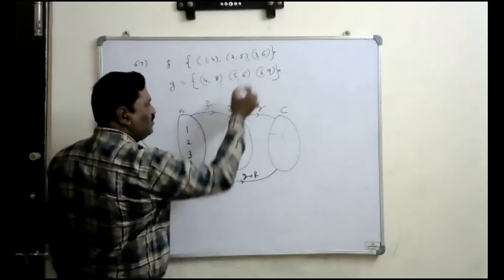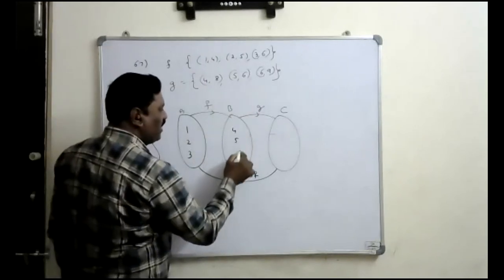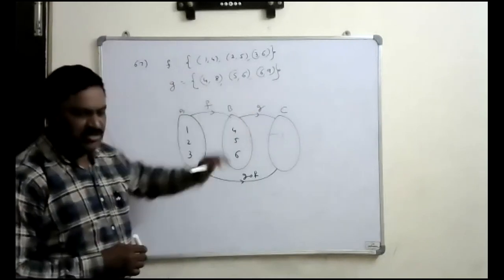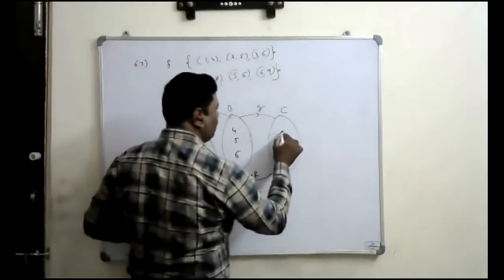All those second elements will be in the set B, that is 4, 5, 6. All the second elements of G will be in the third set, that is 8, 6, 9.